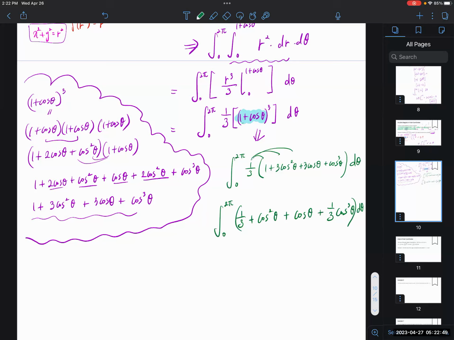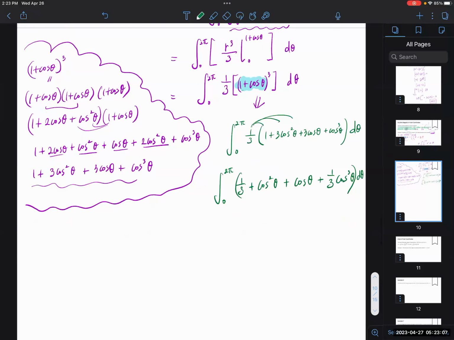There we go. All right, what are you guys going to do now? We are taking the d theta integral. Yes, so we are going to take the integral. So first, you can separate everything.